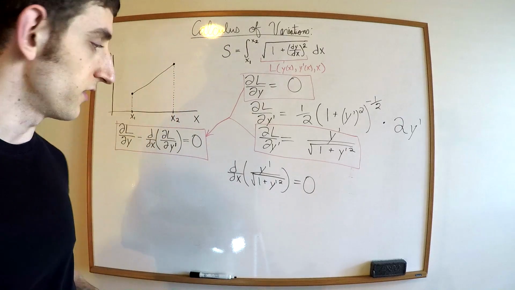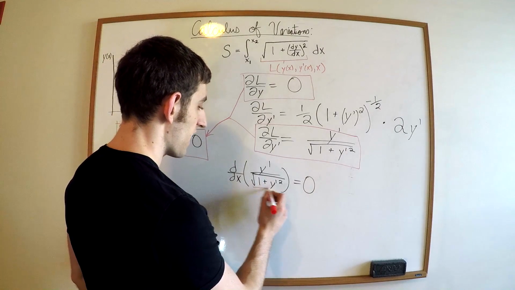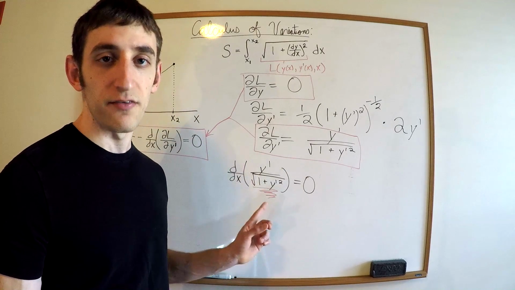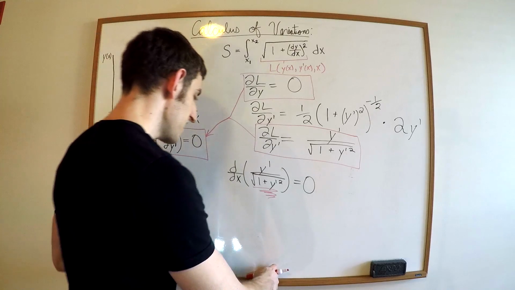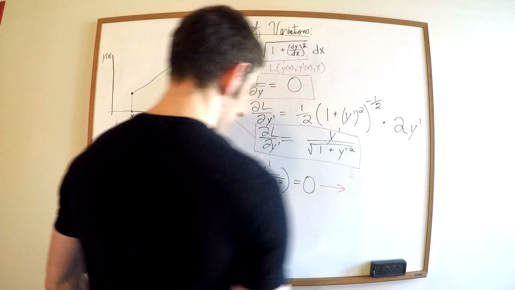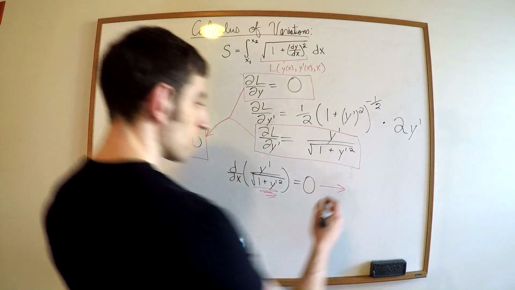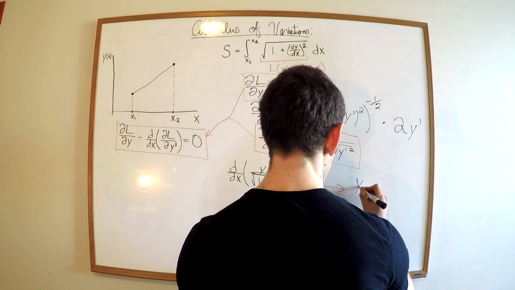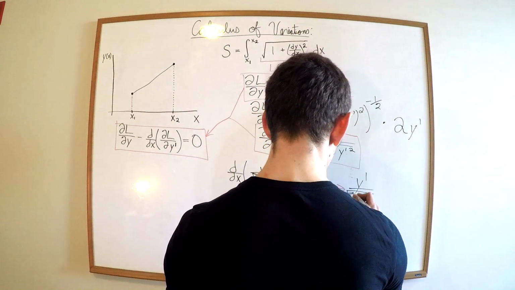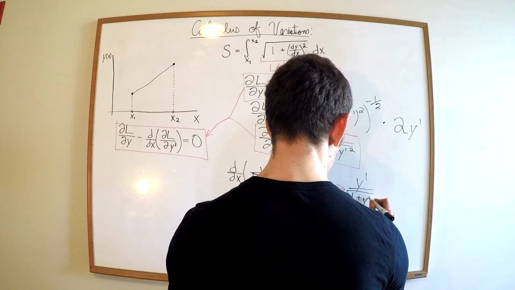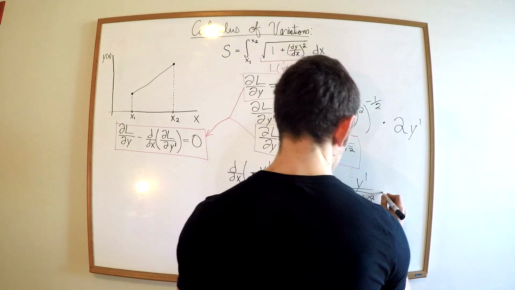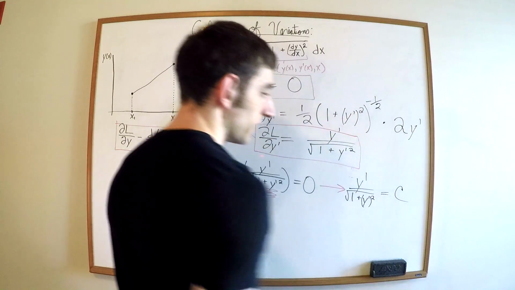We get this nice result here. It tells us that this term is constant. It's not changing. That's what the derivative tells us. So what we can say is that y prime over the square root of 1 plus y prime squared is equal to a constant c.